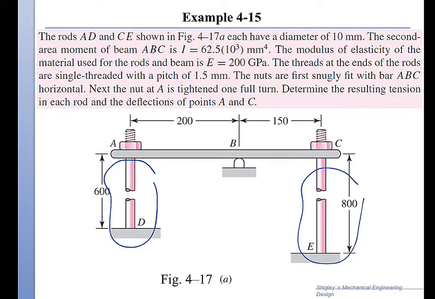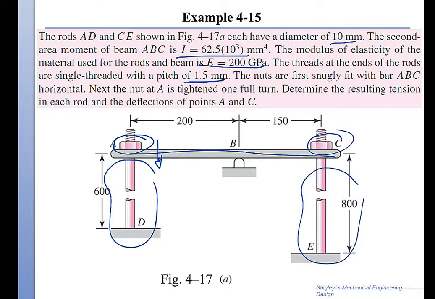They each have a diameter of 10 millimeters, and for the beam ABC, the second moment of area is given, and the elastic modulus is given. Then I have a nut at A and C. Now, the pitch of the nut is 1.5 millimeters, so if I turn it one turn, the nut has to go down 1.5 millimeters.